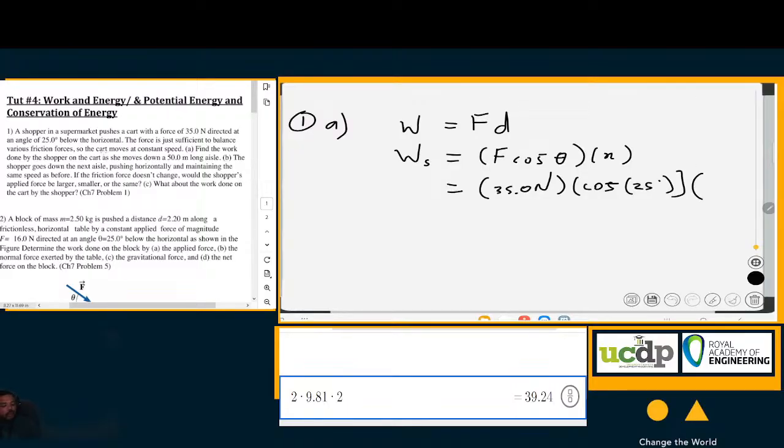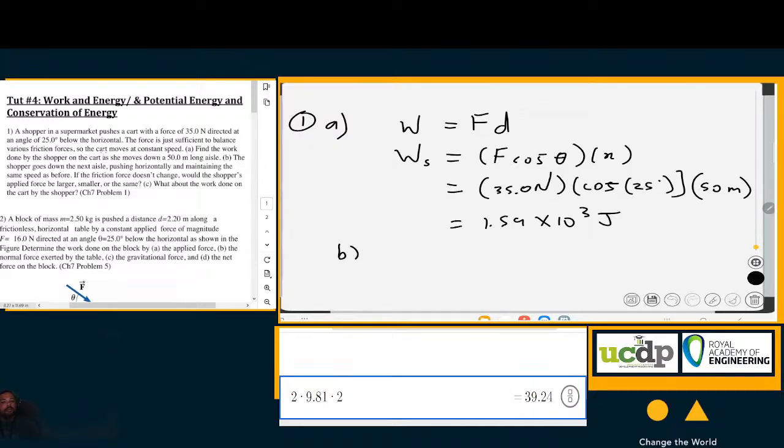And then finally, the distance is 50 meters. And that gives us an answer, the work done is 1.59 times 10 to the 3, or 1.59 kilojoules. That's the work done by the shopper.